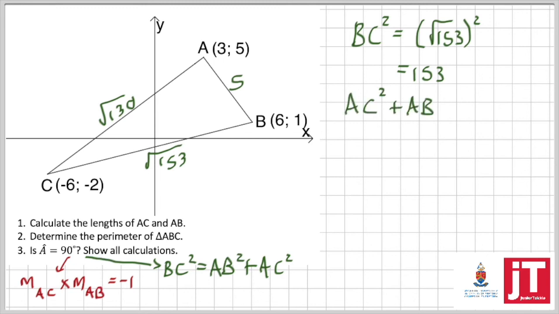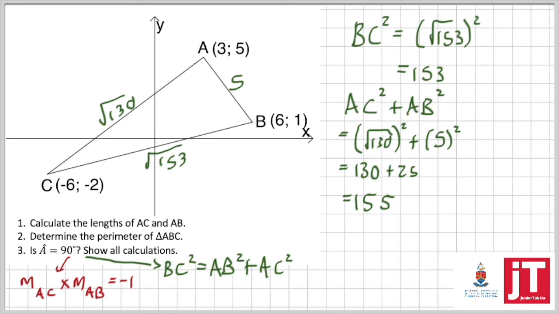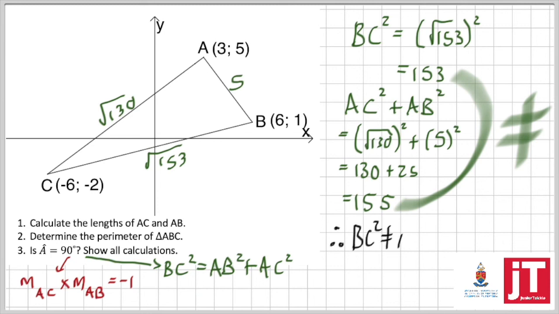Then I'm going to look at AC squared plus AB squared. Calculating those values, I get 155. Are they equal? No, they're not. So in other words, BC squared is not equal to AB squared plus AC squared, and therefore angle A is not 90 degrees.